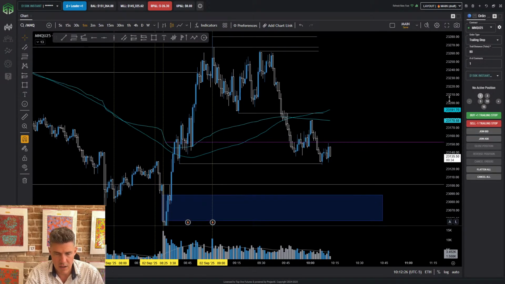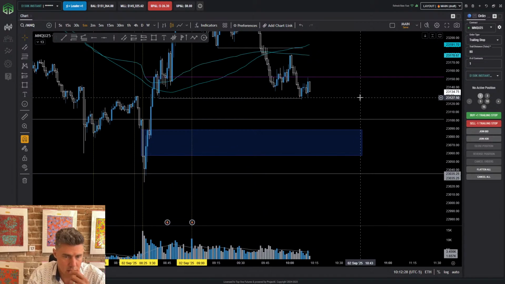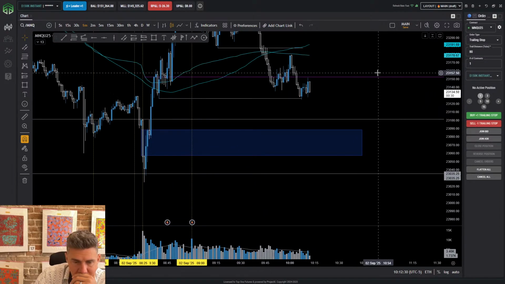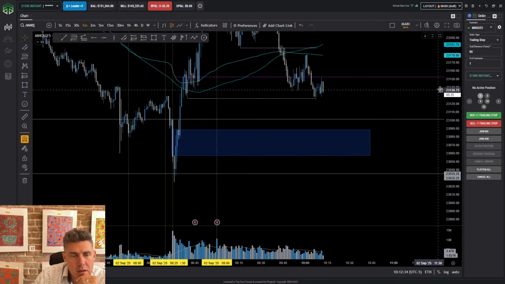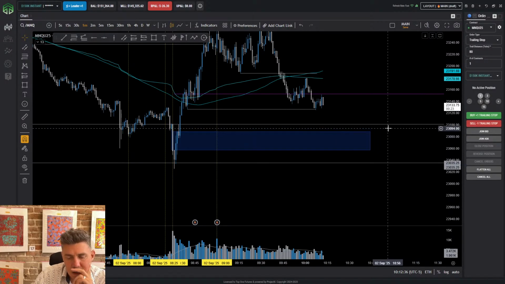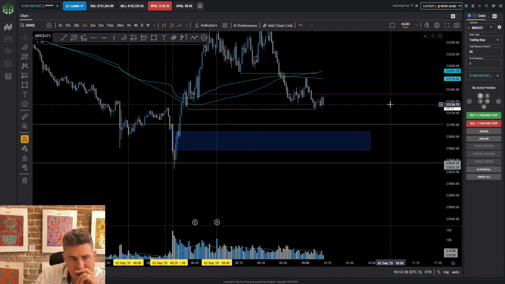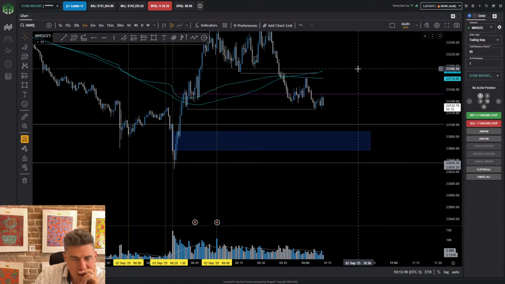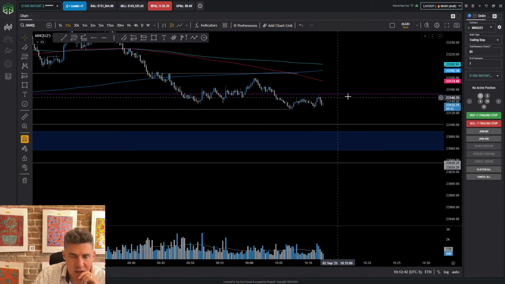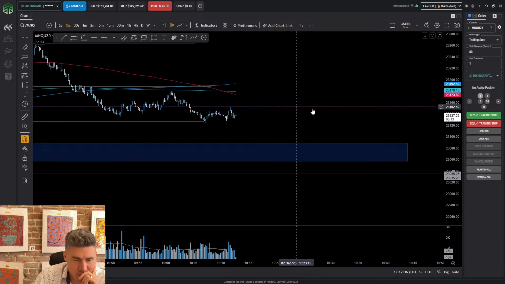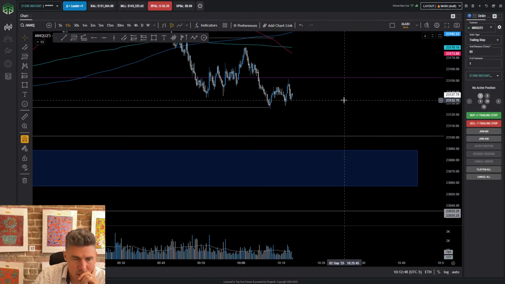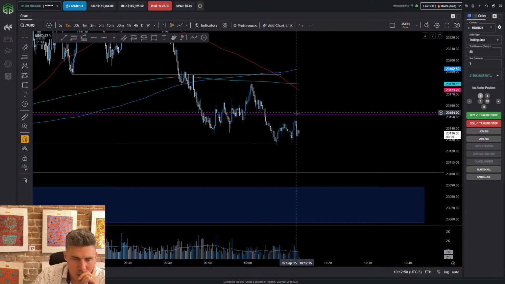I doubt they call it consequent encroachment of the 4 hour wick if they do. Do I call it right here? I think I might call it. So tempting to get back in a short though, because look, perfect bounce off the 50 level, bro. Almost perfect right there.